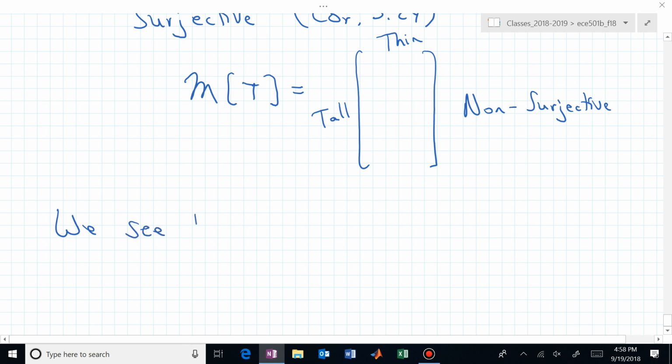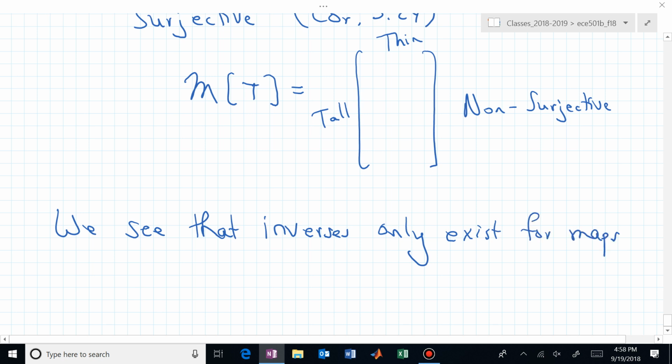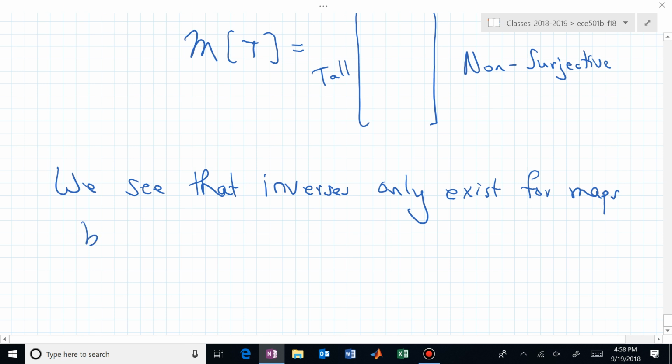So we see that inverses only exist for maps between spaces of equal dimensions.